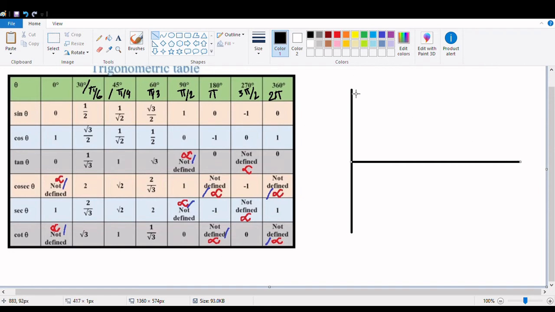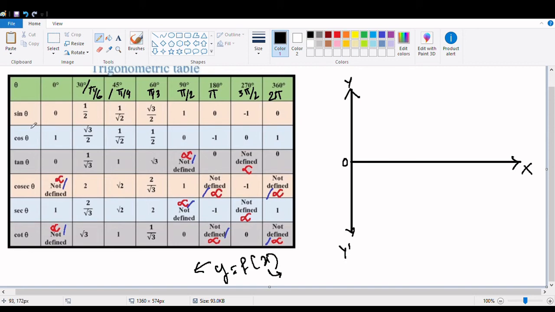This is the positive y axis, I will write it as capital Y. This is the origin 0, this is the negative y axis, that is Y prime, and this is the positive x axis, that is capital X. For plotting this function, we already know that for any function y equals f(x), we plot x, the independent variable, along the x axis, and the dependent variable y along the y axis.